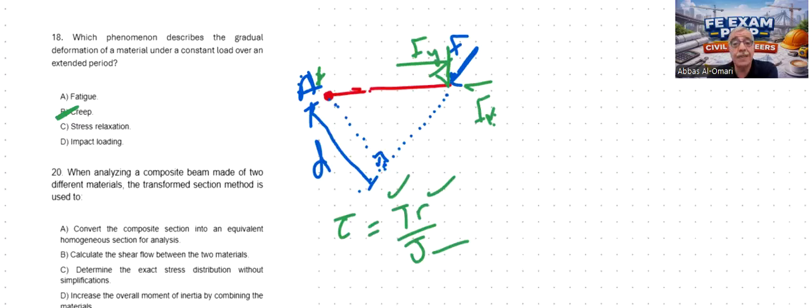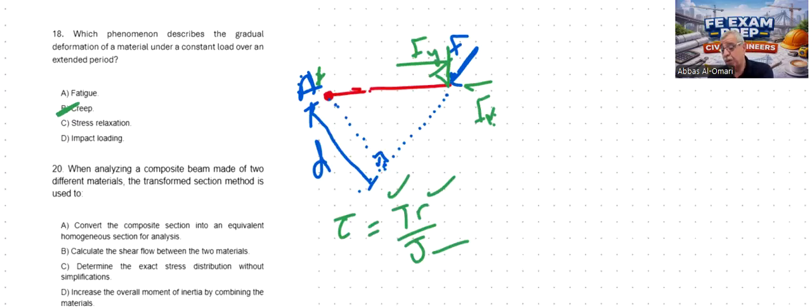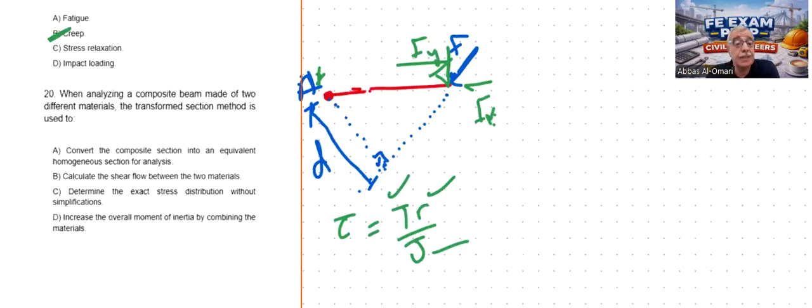When analyzing a composite beam made of two different materials, the transformed section method is used to convert the composite section into an equivalent homogeneous section for analysis.